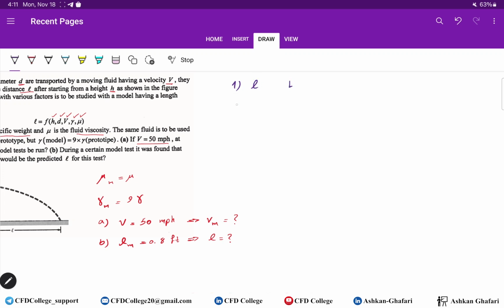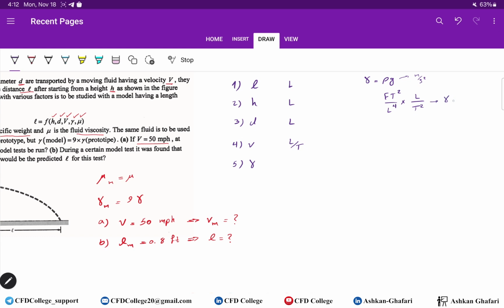L, the unit is length. H, the unit is L. Diameter, the unit is L. Velocity, L over T. Gamma equals rho g, rho is F T square over L to the power 4. Gravity is L over T square.